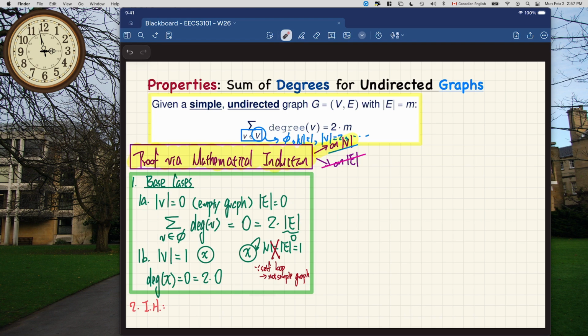We say sigma, and then little v, member of capital V, and then we have the degree of the little v vertex should be equal to 2 times m.